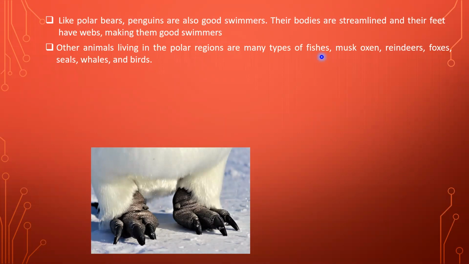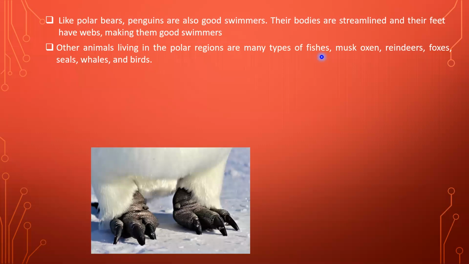I am going to show their picture afterwards. So musk oxen are similar to buffalo. They are also living in such an extreme cold region. Then reindeers, that means a type of deer, are also living in such a cold region. Then some varieties of foxes are also living in that region.